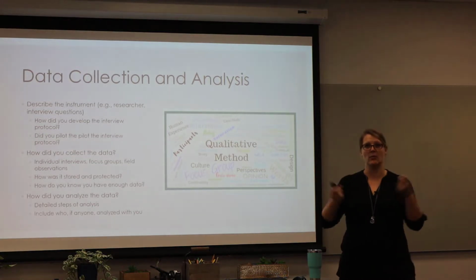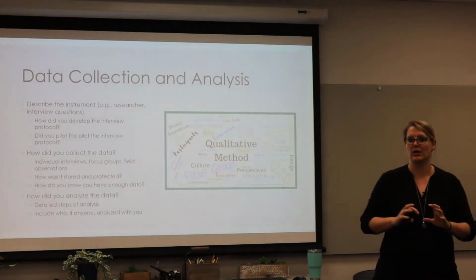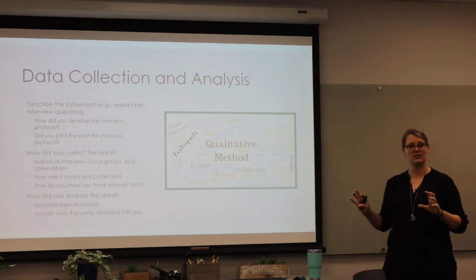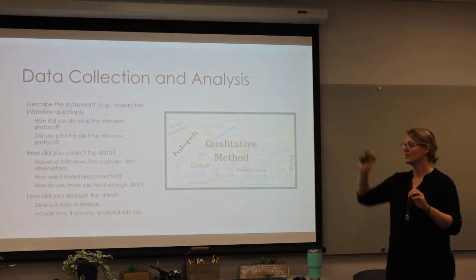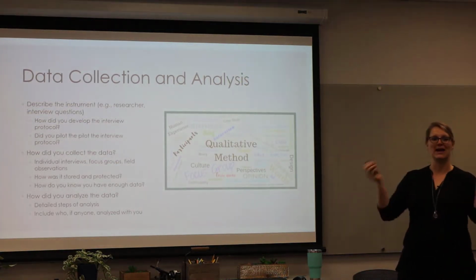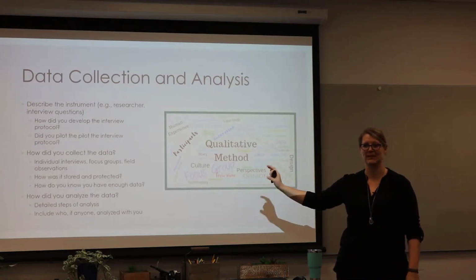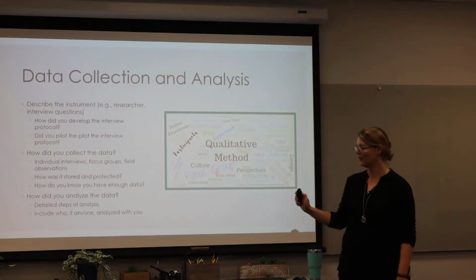After the first couple, we came up with a preliminary code book. As we independently coded the additional ones, if we thought, wow, we haven't seen this in other transcripts yet, then we added to it. And we would come back together each time. All of those steps have to be detailed in your chapter 3. Does that make sense? Okay.